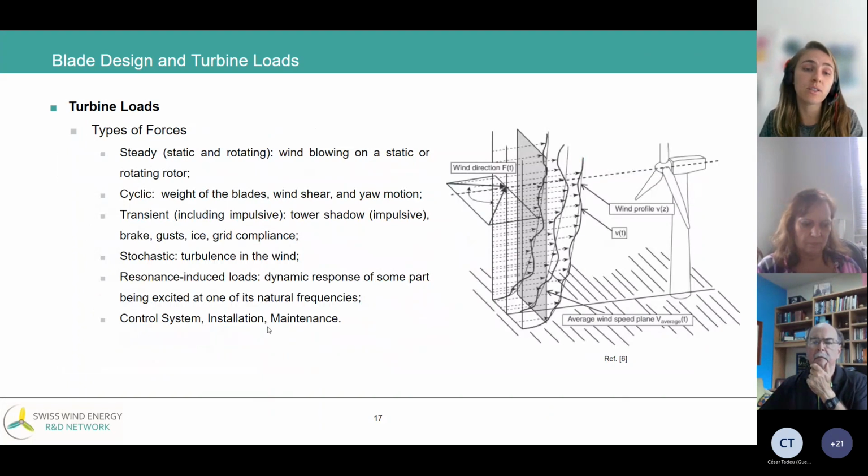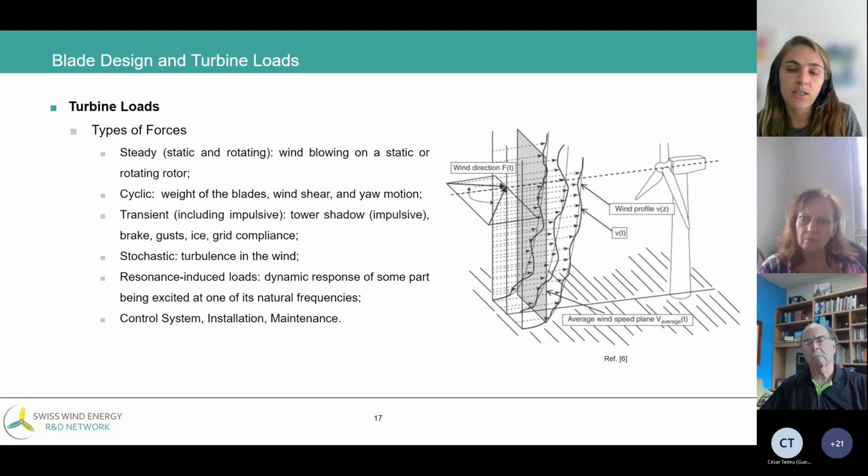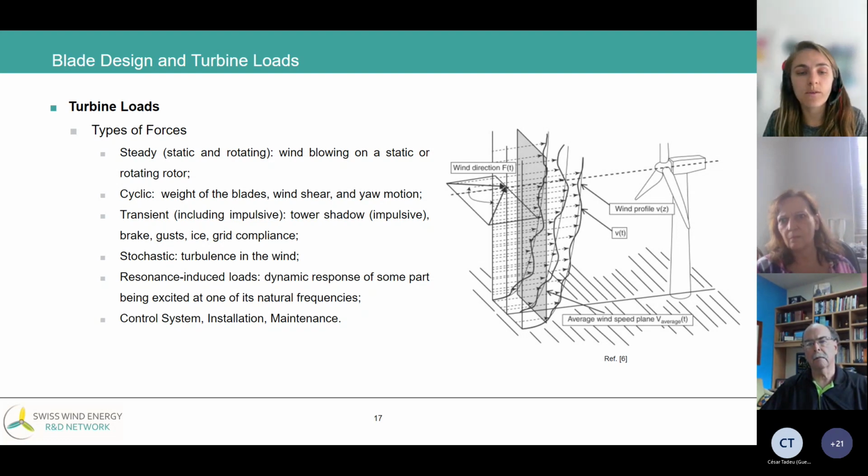For the ocean we have the waves, and also for offshore we need to take into consideration the different types of foundation, whether it's a floating foundation or a fixed foundation. Thanks for remembering, I will be adding this here. And of course, you have to take the frequency of the waves into consideration when doing your resonance analysis. It's one more point to take into consideration.